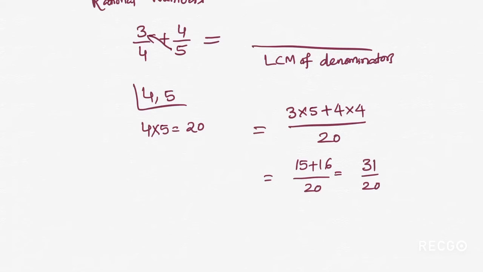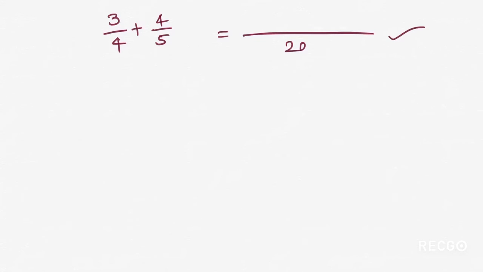How to calculate the sum of two rational numbers? We'll clearly observe. Again, we'll take the same example, 3 by 4 plus 4 by 5. The LCM is 20. Leave it here like this. See, what is this? 3 by 4 into 5 by 5.